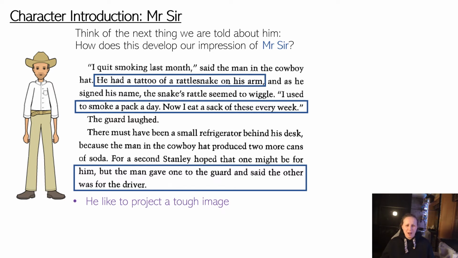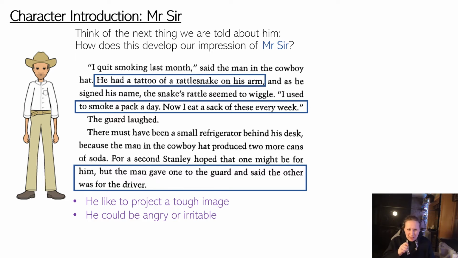Well, tattoo of a rattlesnake on his arm, tough image, likes to look a bit mean, could be angry or irritable. If he's having to eat those sunflower seeds all the time, he's having to do something to replace his smoking. It's a habit and he's having to do that because not smoking irritates him.